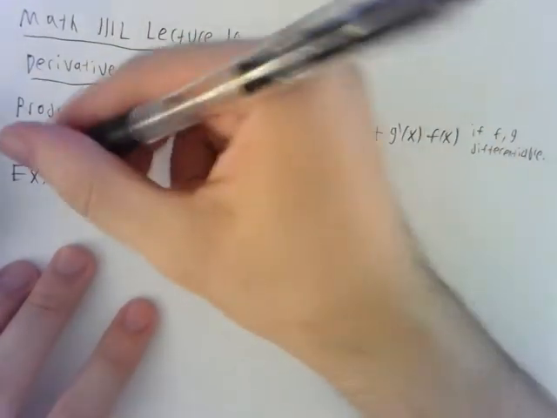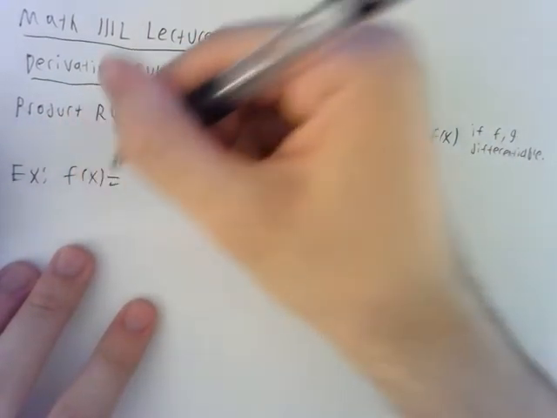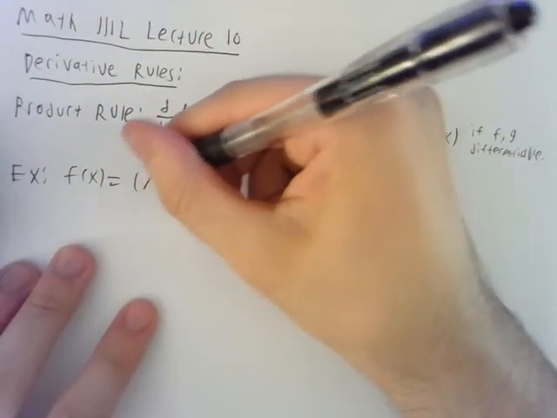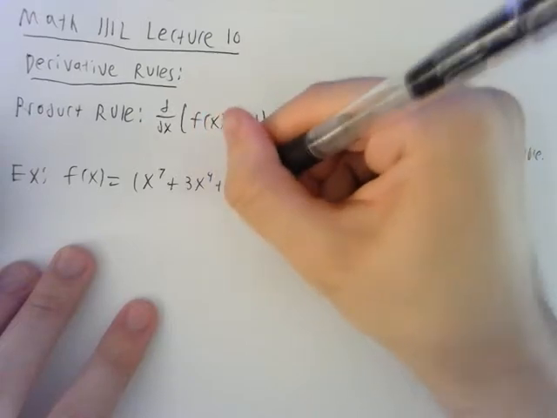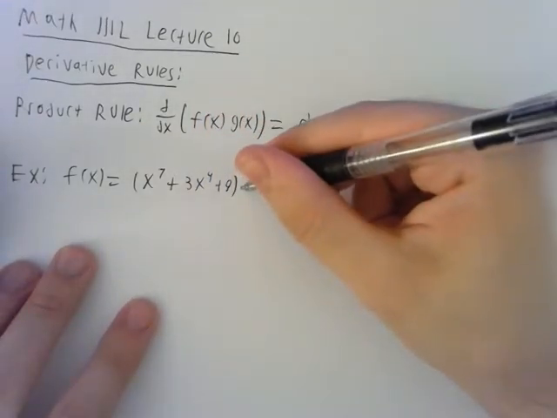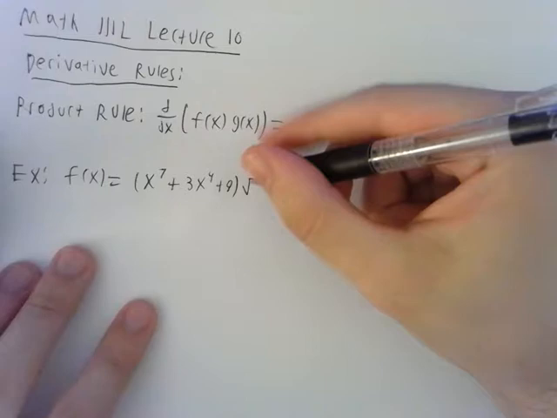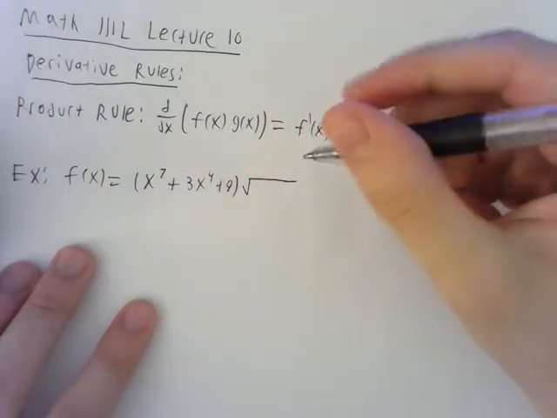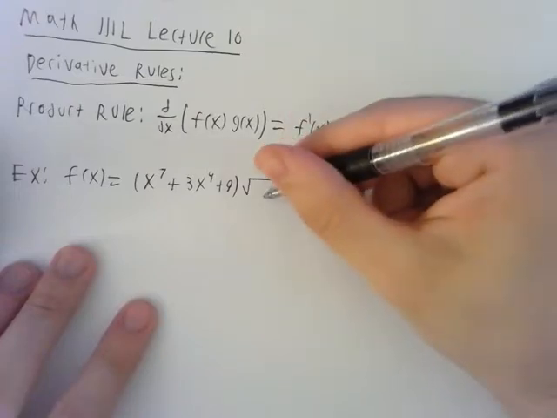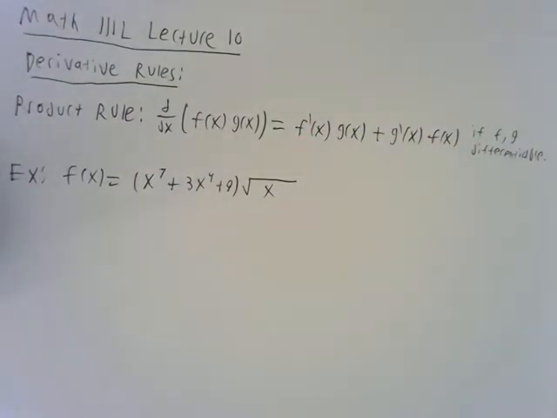Let's suppose we have a function f of x equals x to the 7th plus 3x to the 4th plus 9, and we want to multiply this by square root of x.